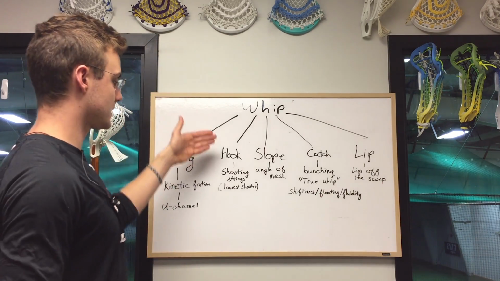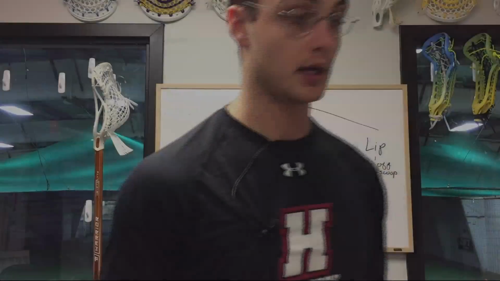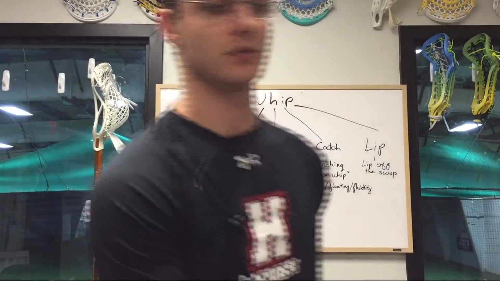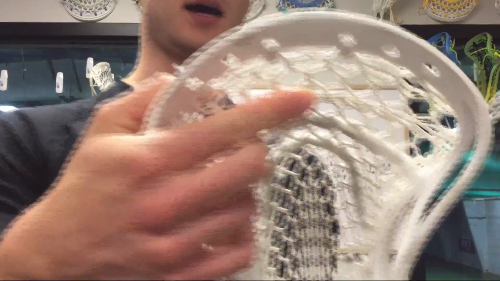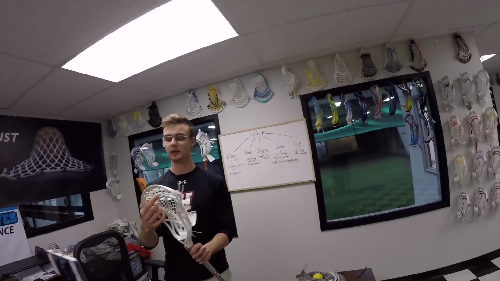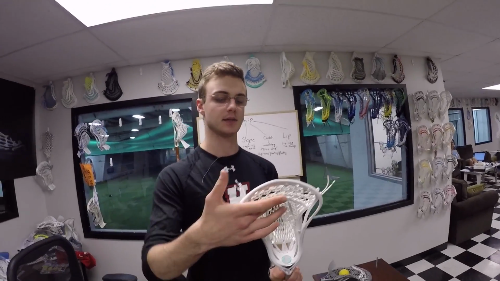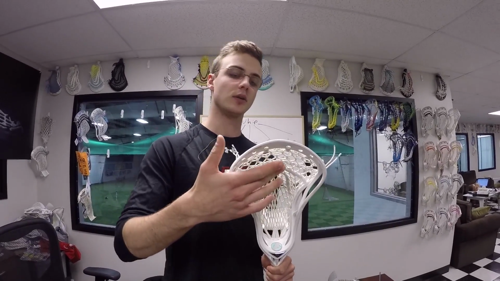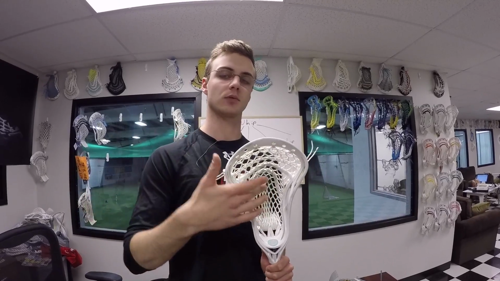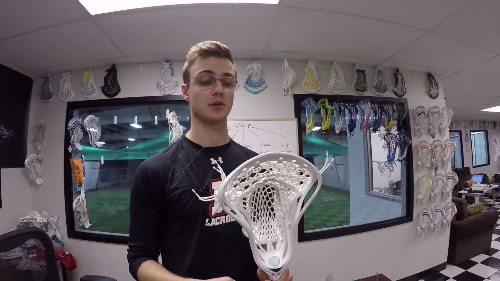So we aren't factoring in all 3 shooting strings into this necessarily, because in a lot of our sticks we have these super tight top nylons, and these don't necessarily add hook to a pocket. They add more of a feel when the ball is leaving the pocket. It's that thing that you can feel the ball hit off of it and release out of the stick without it necessarily lipping off the top of the stick at the scoop.